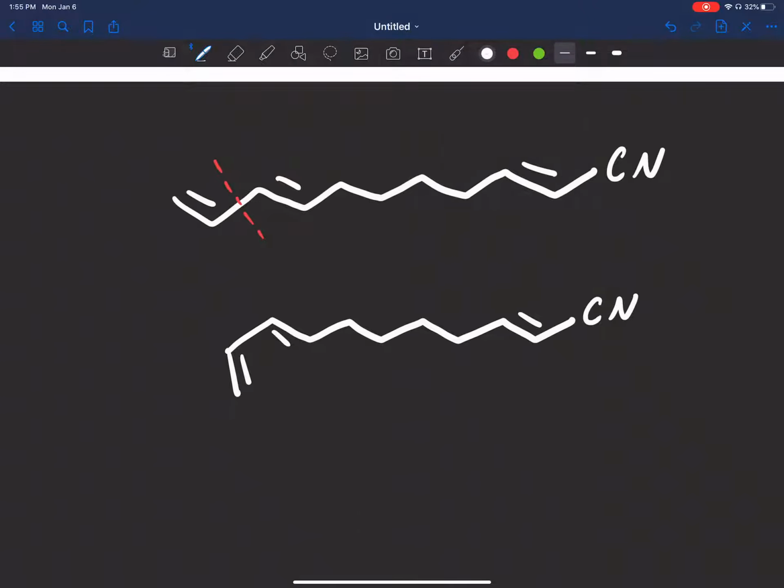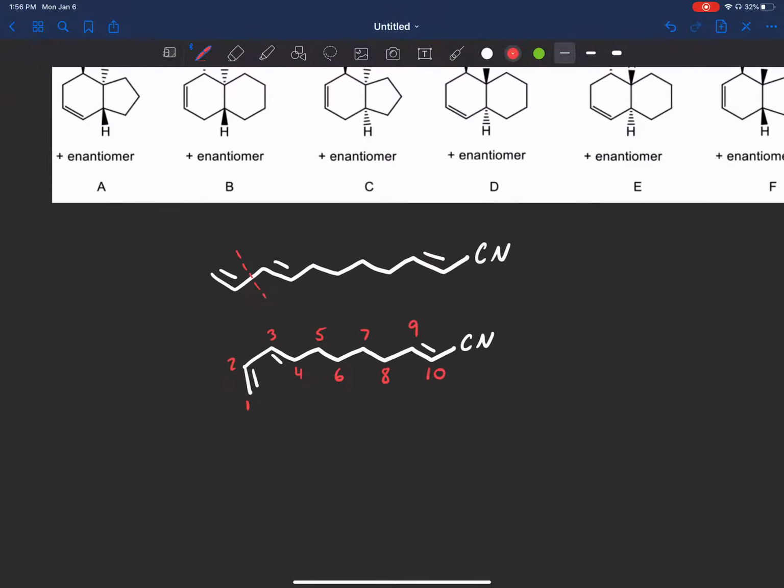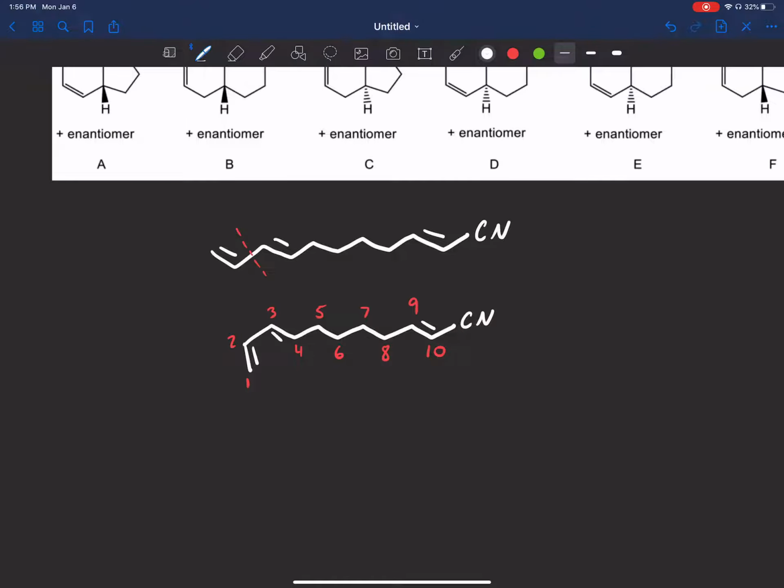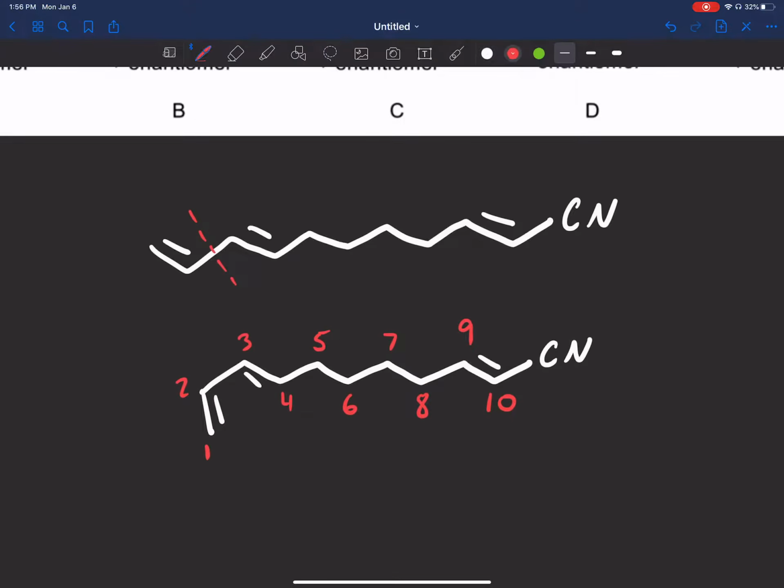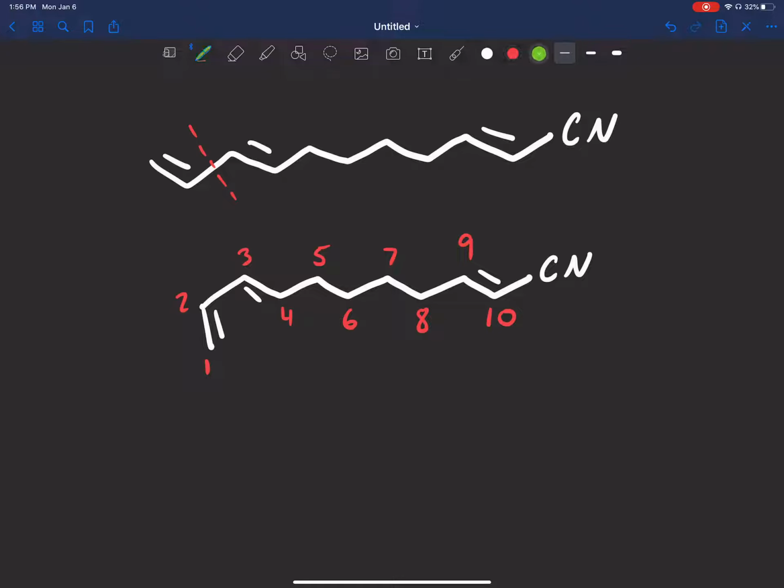Remember, you always want to number first. So I'm going to number 1, 2, 3, 4, 5, 6, 7, 8, 9, 10. We've got 10 carbons here. Remember that we're going to have to connect the diene and dienophile. We're going to connect these carbons to these carbons.